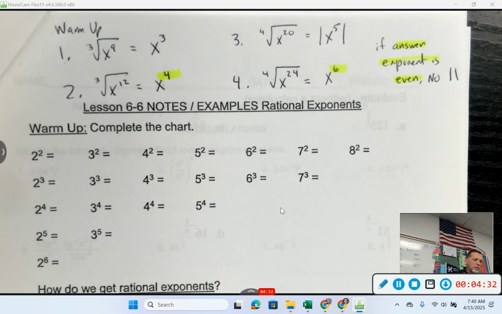It doesn't really matter prior to that. If your answer exponent is odd, well, then you got to be careful. This is why I say I don't like making a rule, because it's like a 3-step rule that I don't think is worth trying to figure out. I think it's just worth thinking about what happens if I plug in a negative.